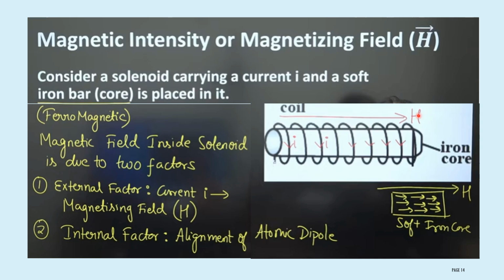Because of this magnetizing field H, inside the iron core you have magnetic dipoles. Because of this external magnetic field, these magnetic dipoles will get aligned in the proper direction. Then this iron core will get magnetized. Because of this magnetization, it will produce a magnetic field. In this way, inside a solenoid a magnetic field is created.